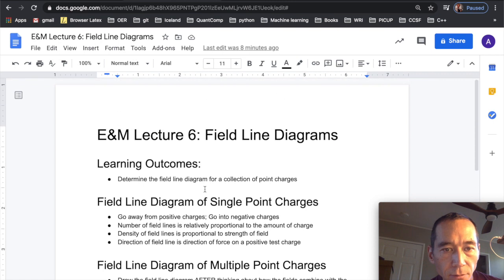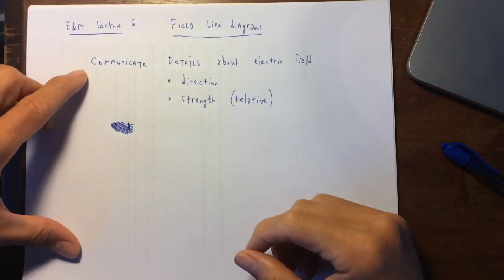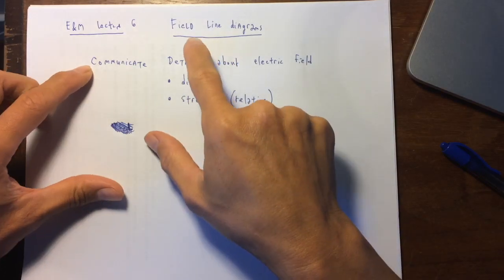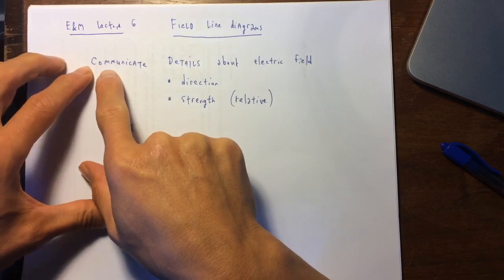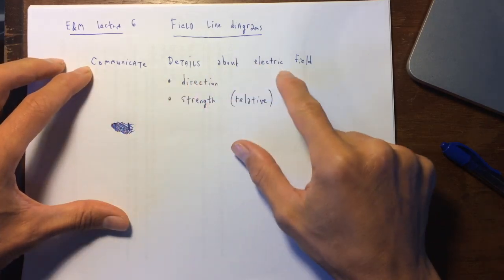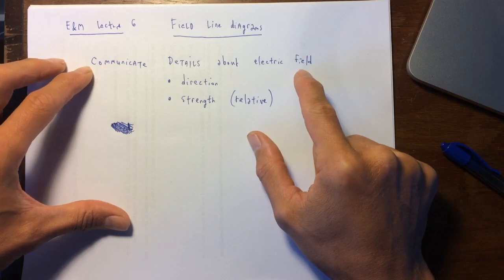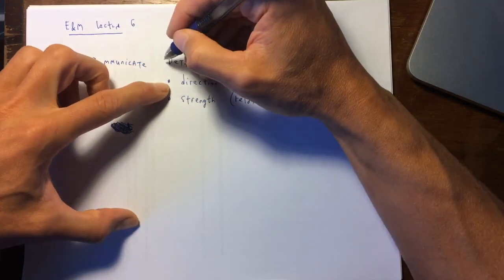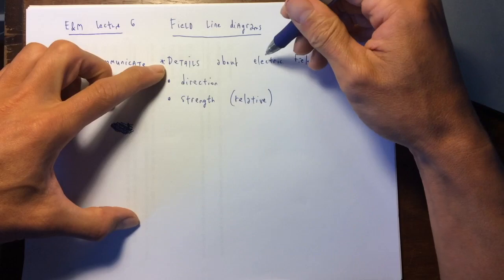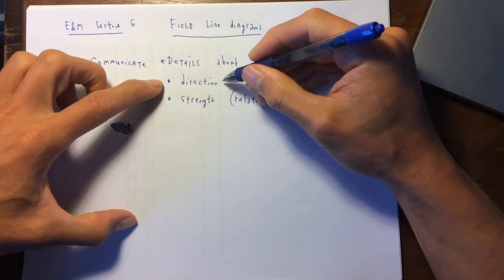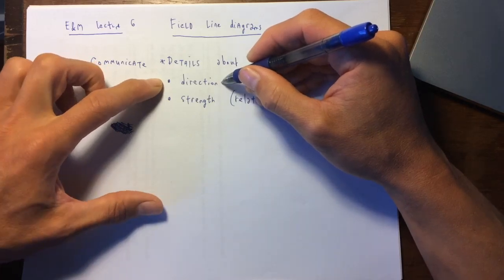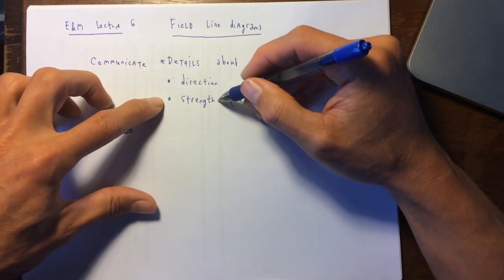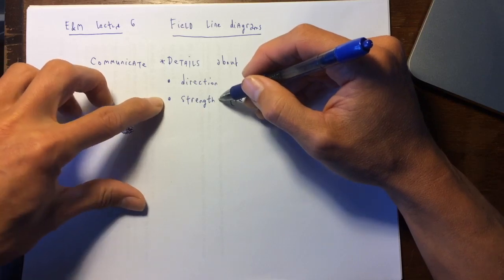All right, so let's do this. What a field line diagram does is it gives a way to communicate details about electric field. And the details that are important to communicate about electric field are its direction throughout space, or the space of interest, and also how strong the electric field is at different places in the space.